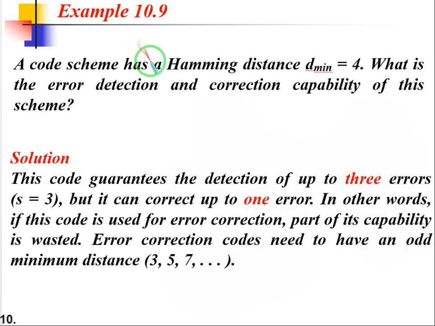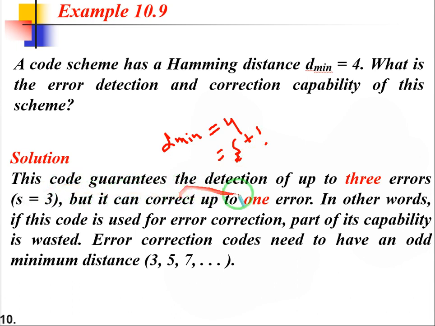Now example 10.9: a code scheme has a minimum Hamming distance d minimum equal to 4. What are the error detection and correction capabilities of this? If d minimum is 4, according to the formula we have s plus 1, so 3 plus 1 is 4, so 3 is the number of bit errors detected.